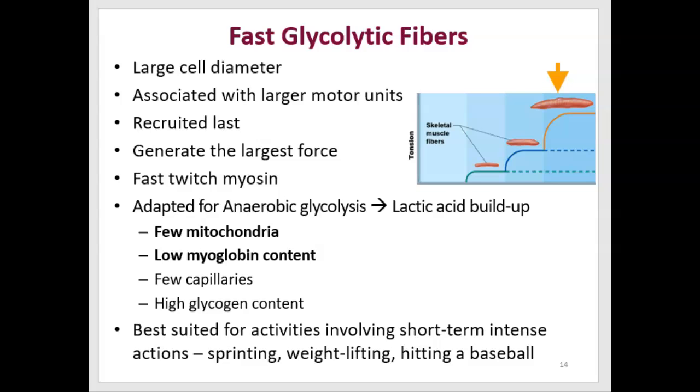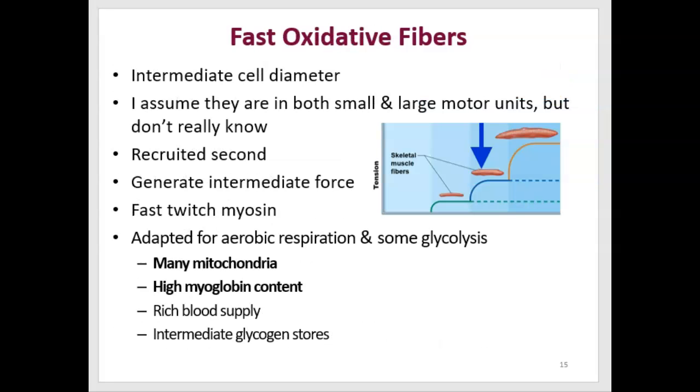Now there's this funny kind of fiber that's intermediate between the two. They're called fast oxidative, and they're intermediate in every way. That is, in their size, and they're present in both types of motor units, large and small.